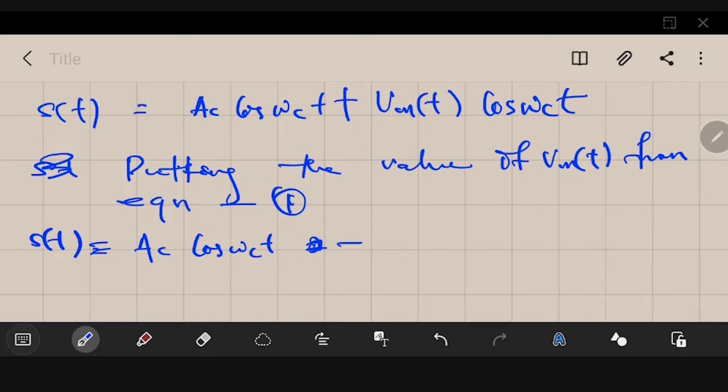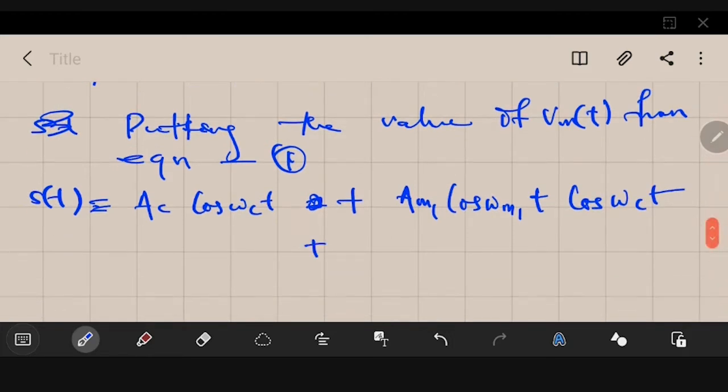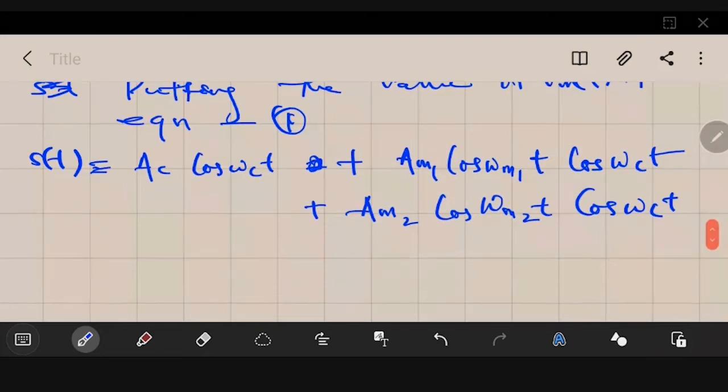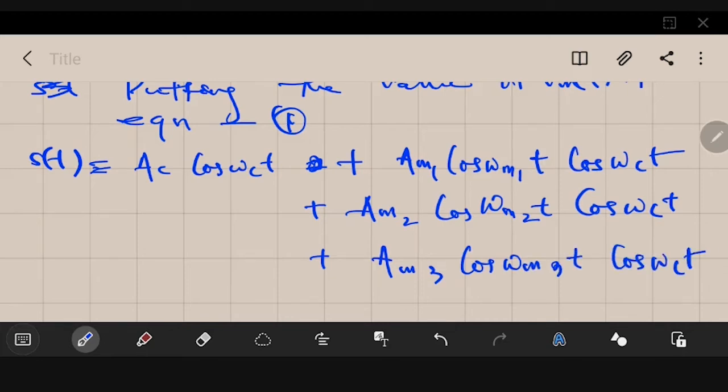So that plus A_m1 cos omega_m1 t cos omega_c t, this was for the first term. Then for the second term, it will be A_m2 cos omega_m2 t cos omega_c t. Then for the next term, it will be A_m3 cos omega_m3 t cos omega_c t. So in this way, this will be the expression for the amplitude modulated wave, as you could see.